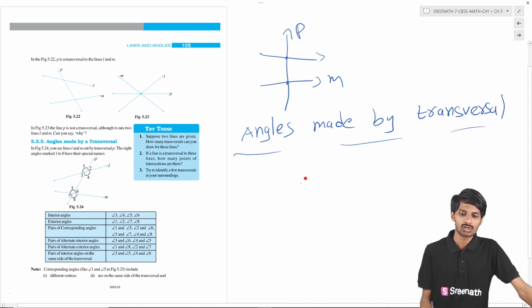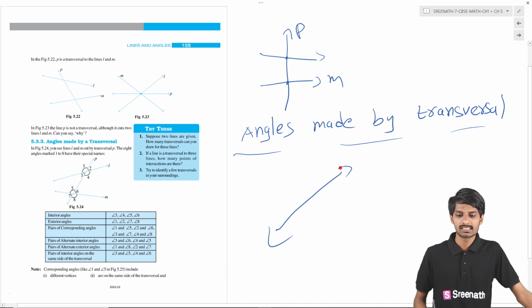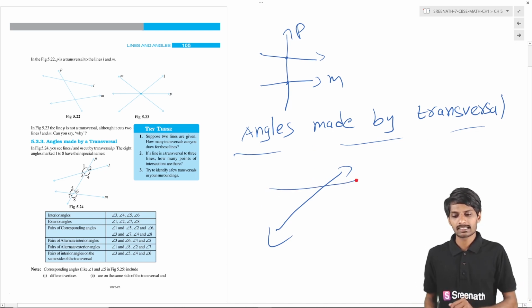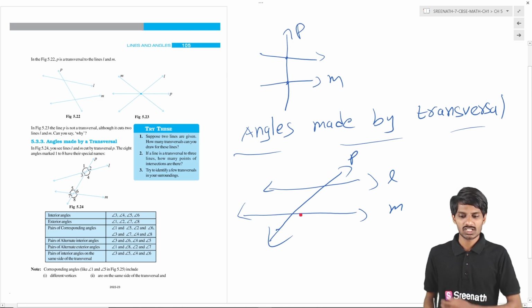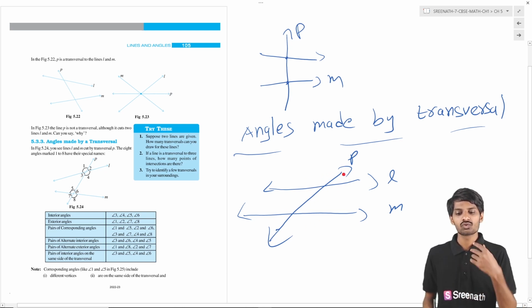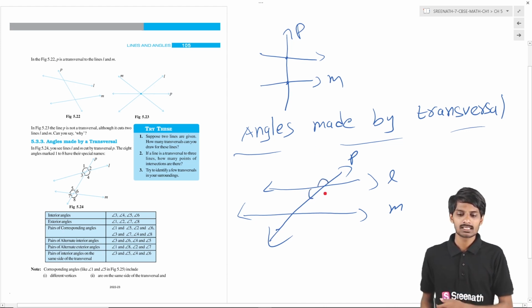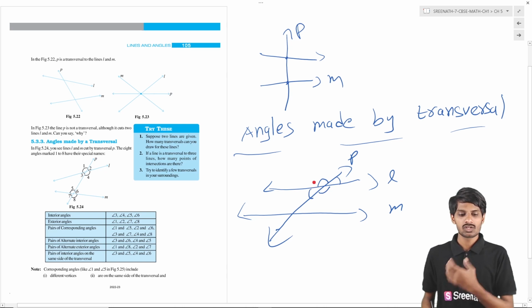Okay, students. So now just see, this is a transversal line and it is intersecting 2 lines. This is the line L and this is the line M, and this is the line P, the transversal line. Just forget this line, take this line and this line. When 2 lines intersect, they will form angles. So this is the angle, this is the angle, this is the angle, this is also an angle. Now name the angles. Let it be 1, let it be 2, let it be 3, and let it be 4.